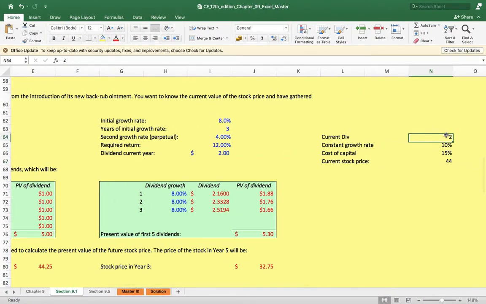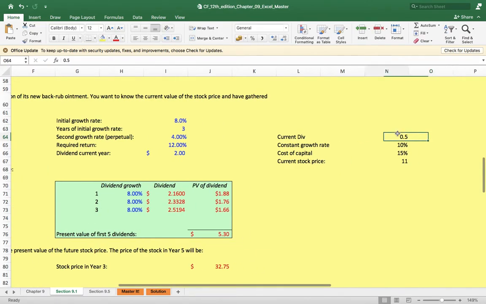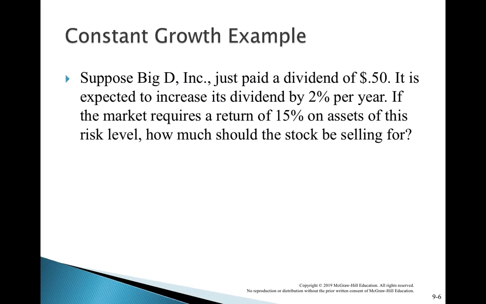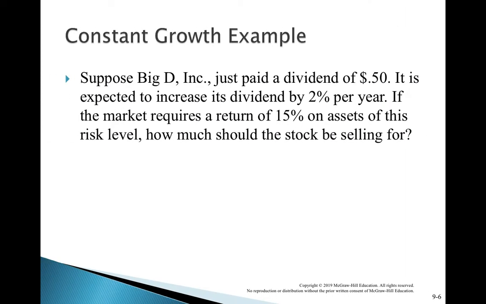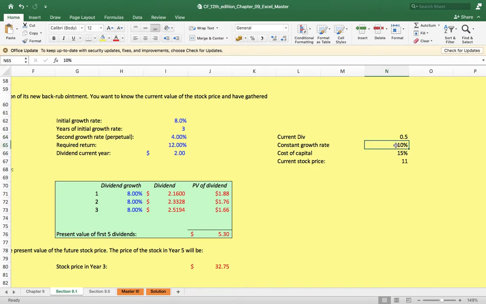The dividend the company paid is 50 cents, the growth rate is 2%, and the cost of capital is 15%.